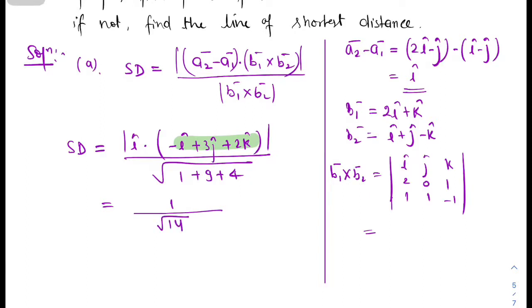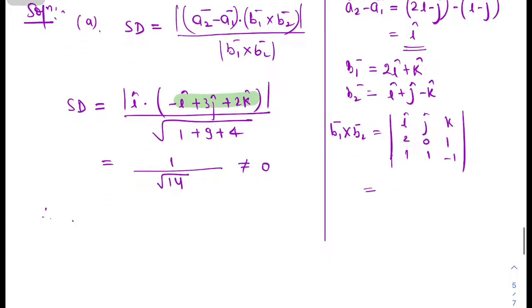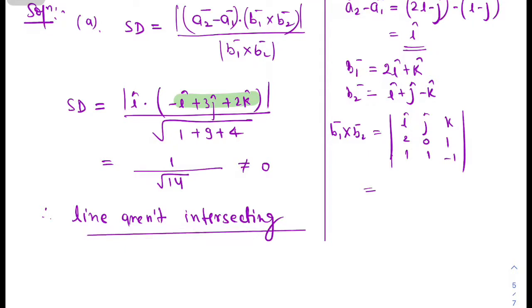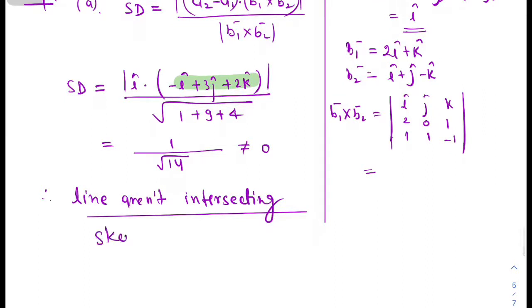So this shortest distance is not 0, therefore we can interpret that the lines are not intersecting, because for lines to be intersecting the shortest distance must be 0. The lines were not parallel either, and they are not intersecting either, so we can say that these lines are skew lines.